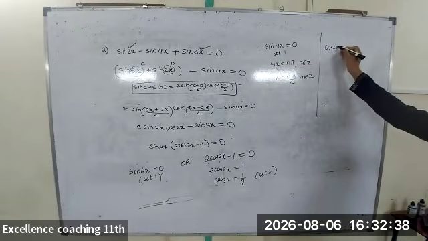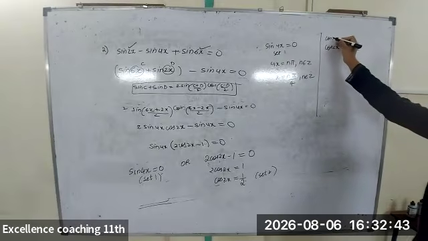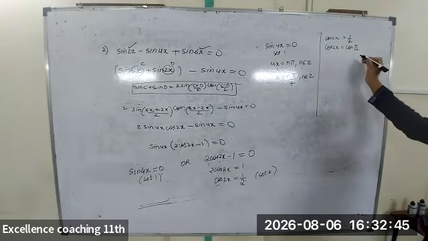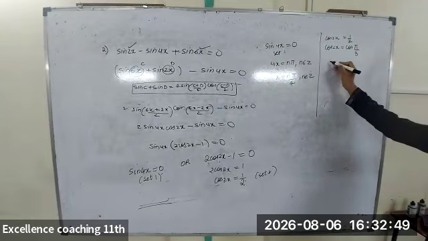Cos 2x equals to cos of pi by 2. What is the solution?